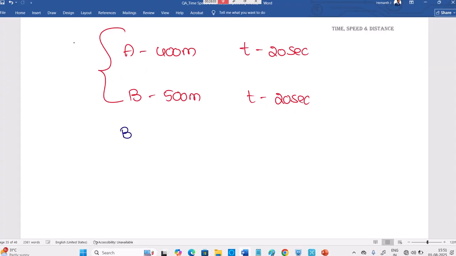B beats A by 100 meters, assuming the race is for 500 meters. Now B completed the race in 20 seconds. By that time A is at only 400 meters, so you can say B beats A by 100 meters. Okay, this is situation one.